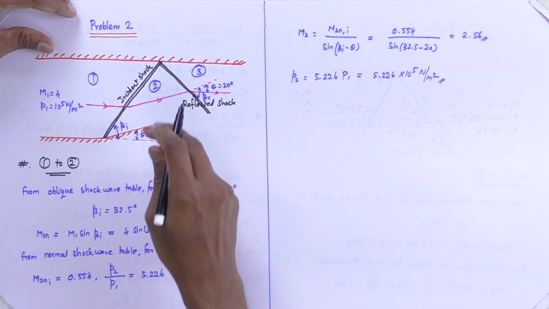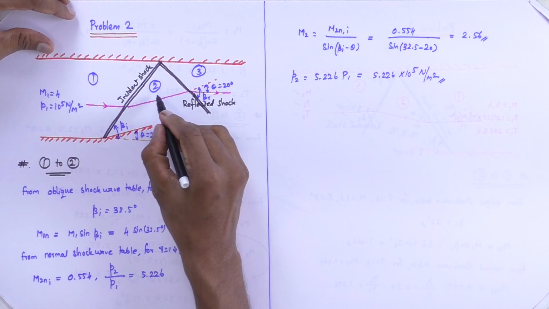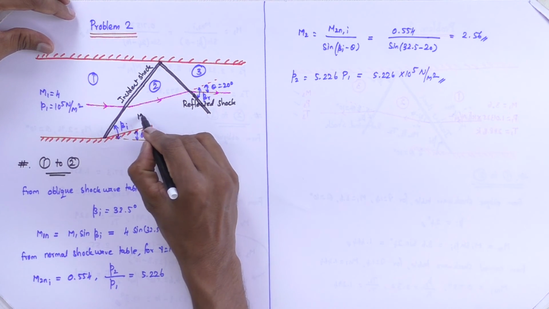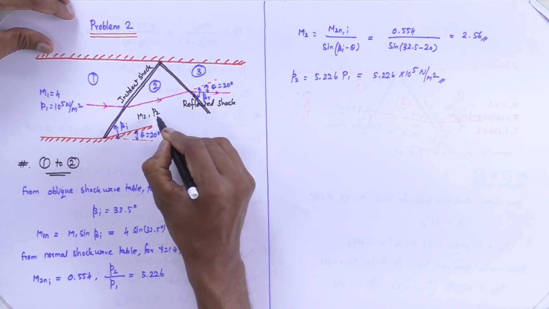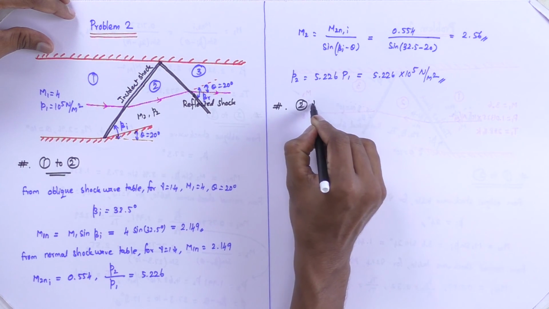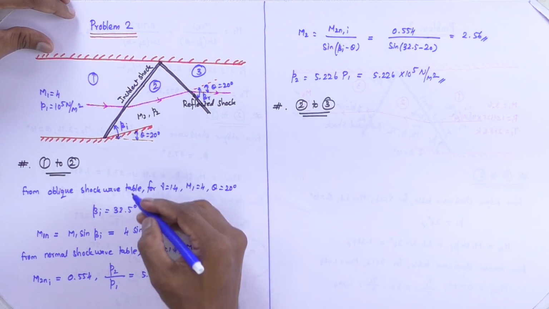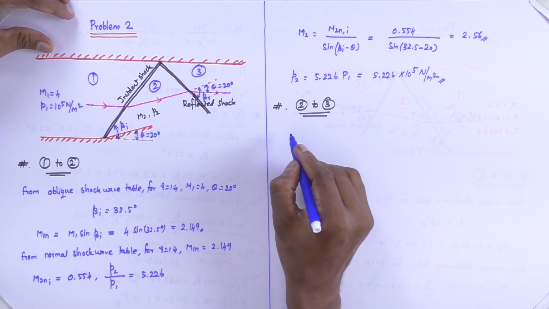Then we need to proceed from region 2 to region 3. In region 2 we know the values of M2 and P2. From region 2 to 3, we have to follow the same steps.